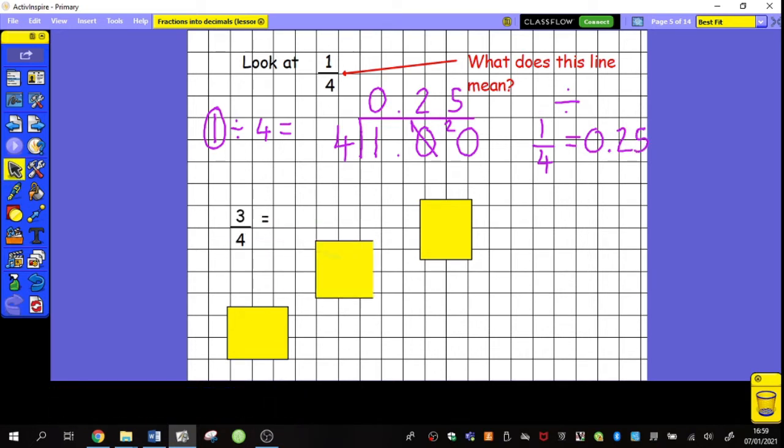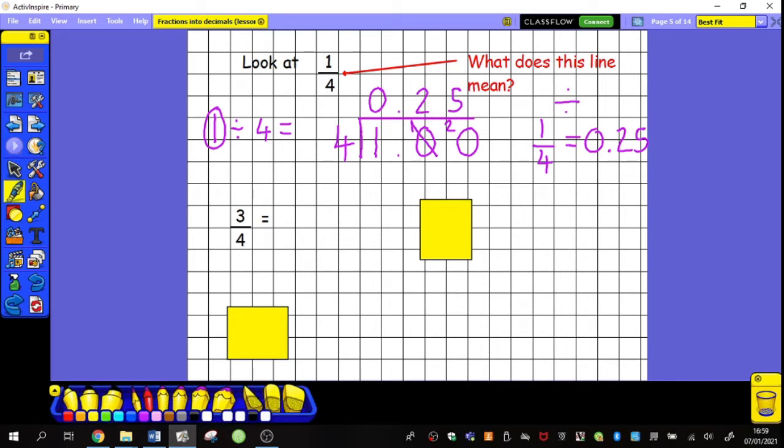Let's have a look at another one. So here, 3/4 as a decimal. That line means divide, so my calculation is going to be 3 divided by 4. I do my bus stop, 3 goes on the inside, the first digit is always on the inside, 4 on the outside. So how many 4s go into 3? Again, 0. 4 doesn't fit into 3. So I'm going to carry that 3 just the other side of my decimal point, and the other side would be a 0.